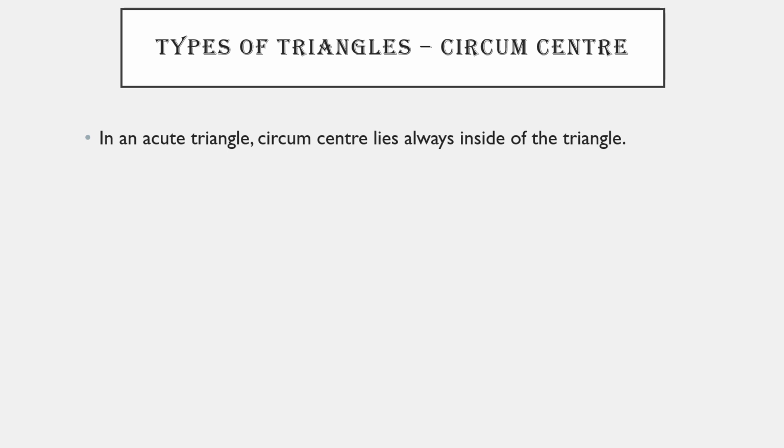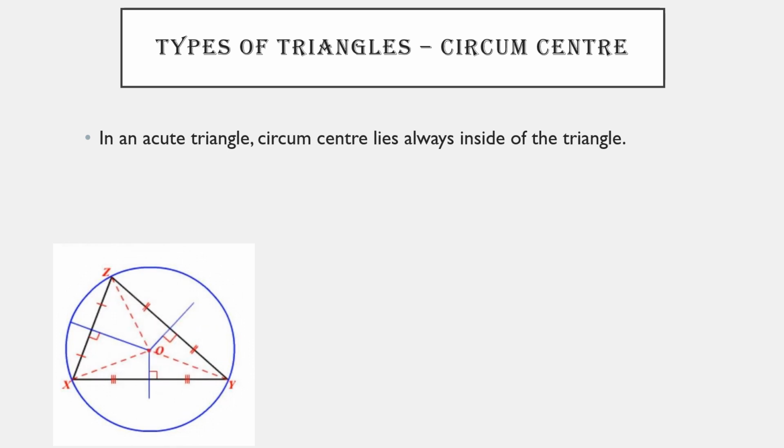In the acute angle triangle, the circumcenter, that is the intersecting point, the concurrent point of the perpendicular bisectors, always lies inside of the triangle, like this. In the picture you can observe the acute angle triangle. Here the circumcenter is represented with O, but generally we represent it with S. The circumcenter is always inside of the triangle.